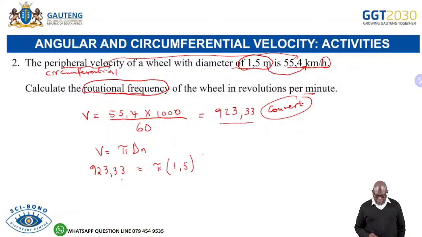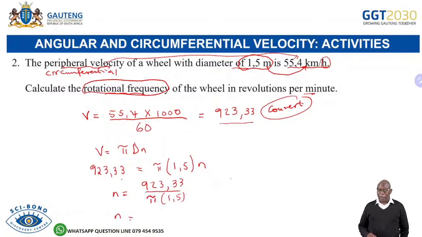So then I need my n, which I don't have in this case. So for me to get n, I'll have 923.33 all divided by pi times 1.5. Remember, the question said per minute.